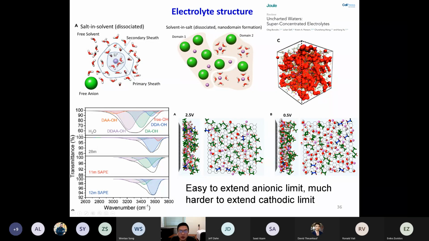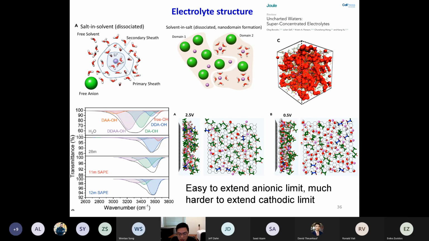It will have an exchange maybe between the lithium ions or even the whole domain, and the 2 domains are on a sub-nano scale. So on the large scale, it still looks like a homogeneous system.